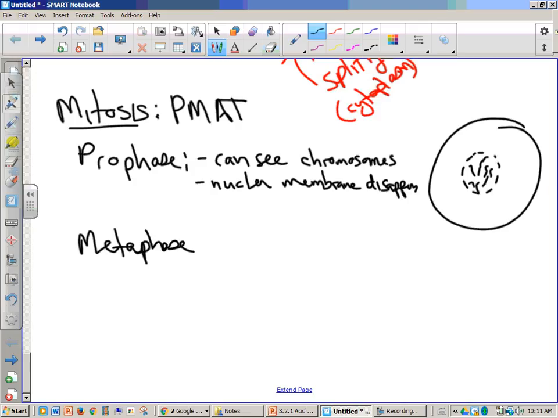Metaphase. And what did the M of the metaphase help you remember? What happens in metaphase? Middle. What goes to the middle? Yep. The chromosomes. Chromosomes line up in the middle.